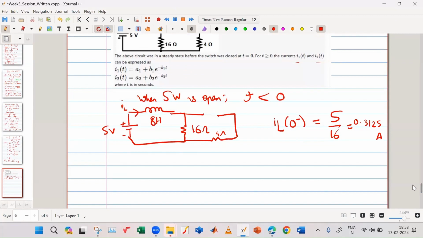All these units are very important, because if the question asks in milliampere and you write 0.3125, you get it wrong. So units are important for getting marks.